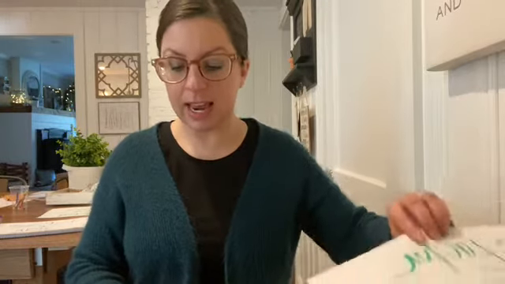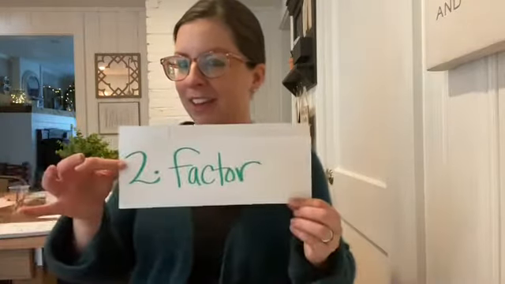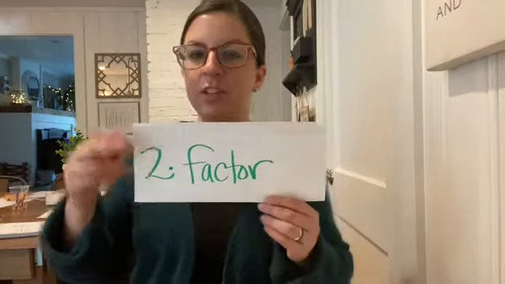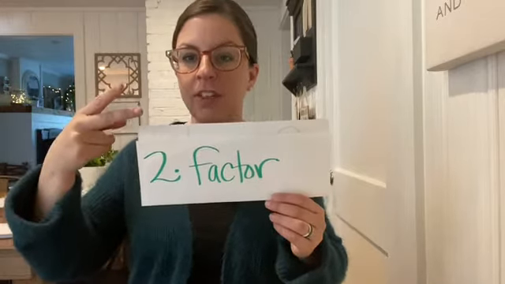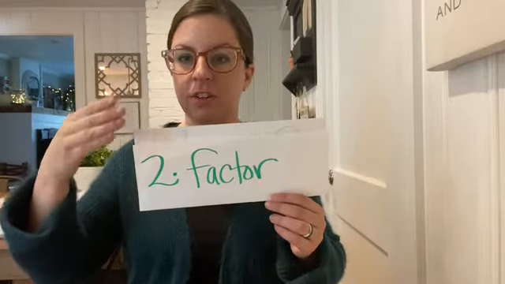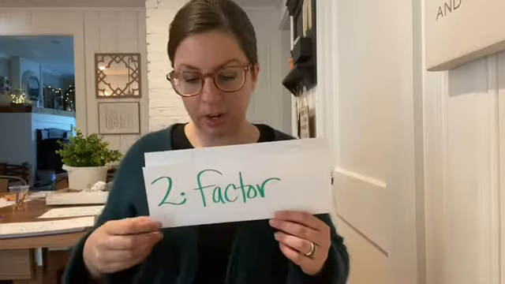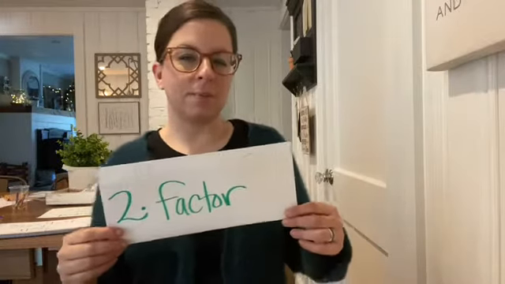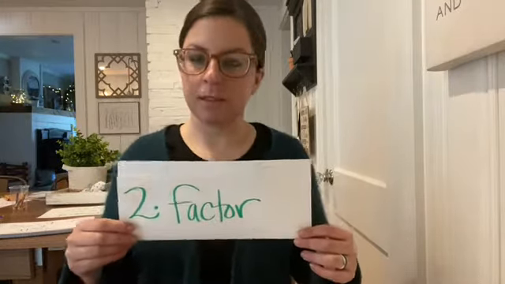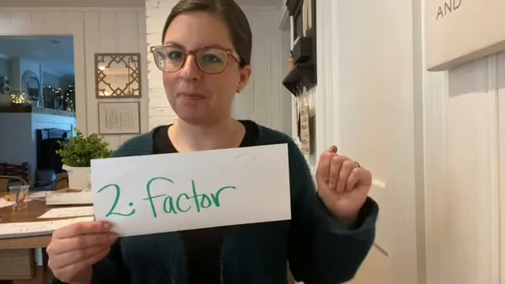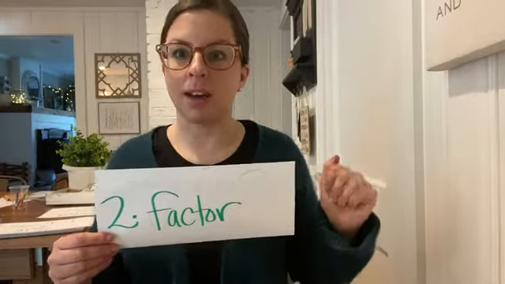So number 2, in the number sentence, 5 times 8 equals 40. 5 is anybody? Factor. Okay, the two things that you multiply together are both called factors. Factor, factor. And then the answer is called a what? Does anybody remember? It's not on here. It's called a product.